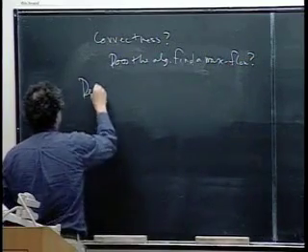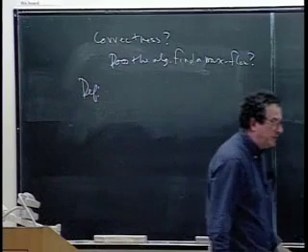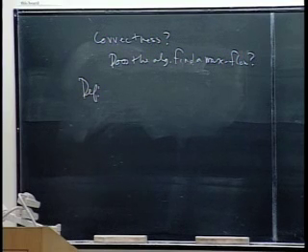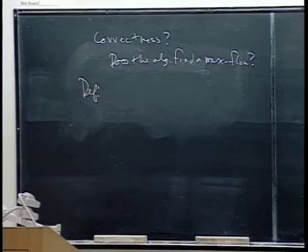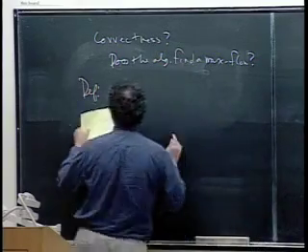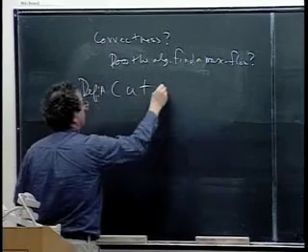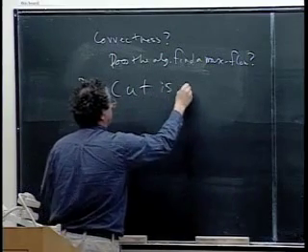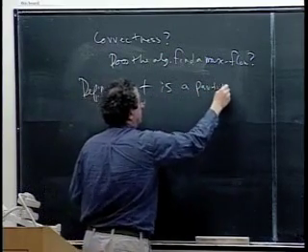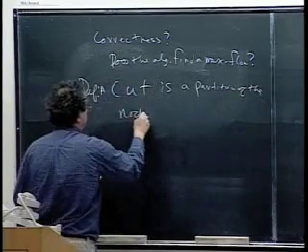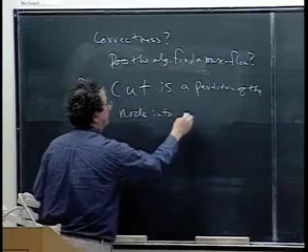Well, in this business, it's very useful to have a complementary object, or a complementary consideration in addition to flow. And that's the concept of a cut. A cut is a partition of the nodes, or maybe I should call it a bipartition.